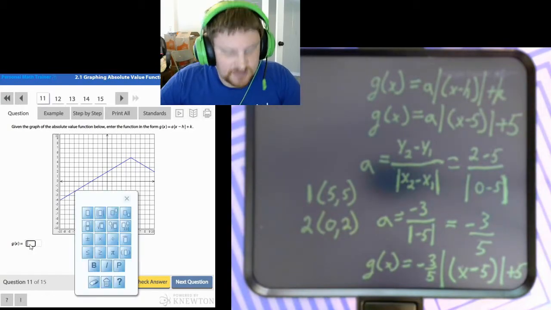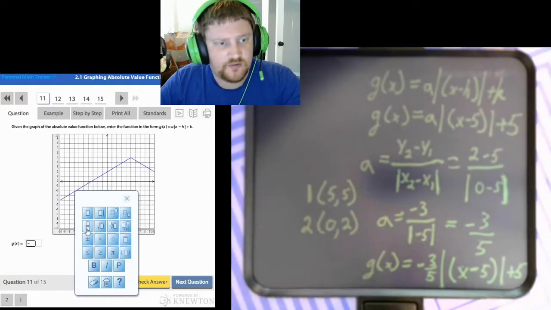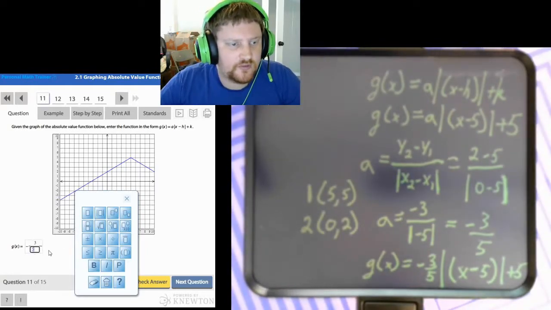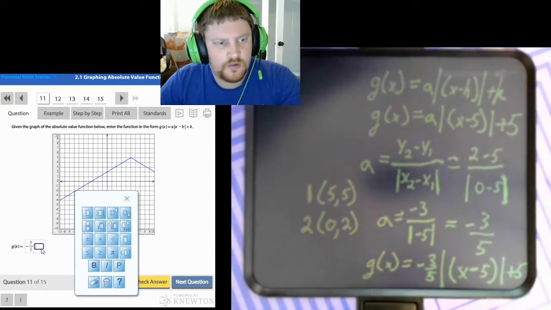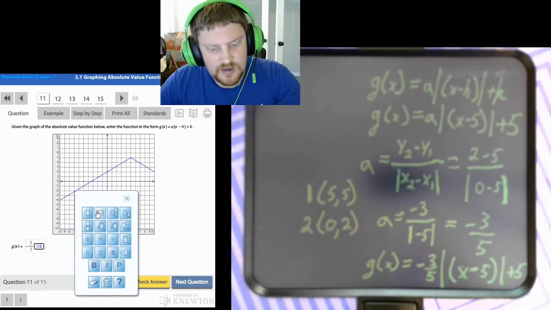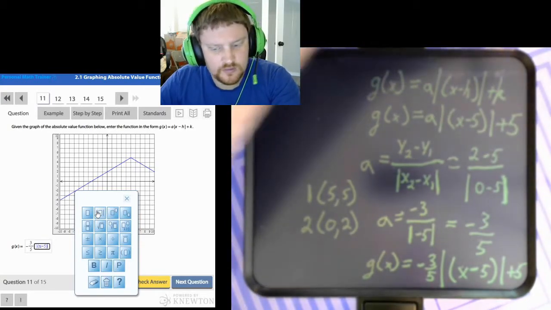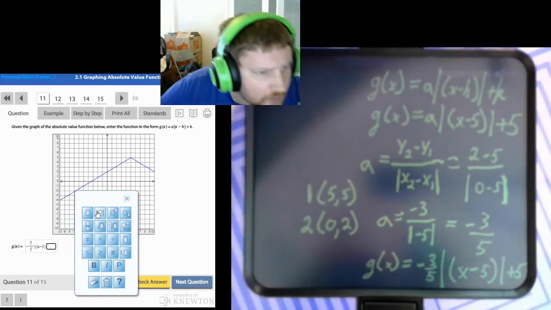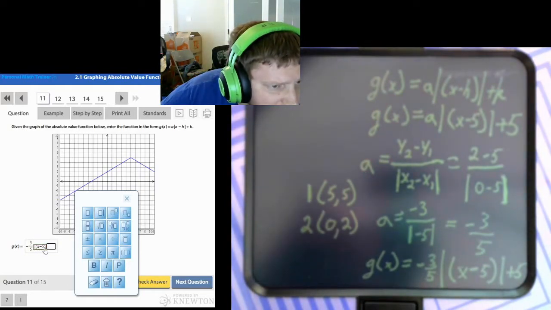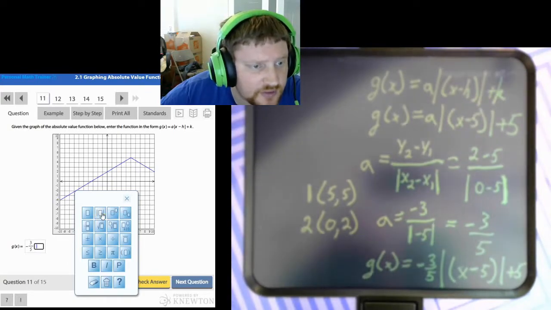So g of x equals negative 3 over 5 absolute value of x minus 5. Oh, somehow I managed to get myself out of the absolute value sign.